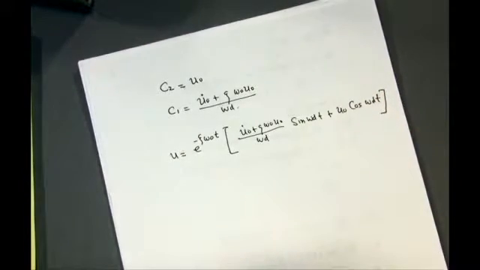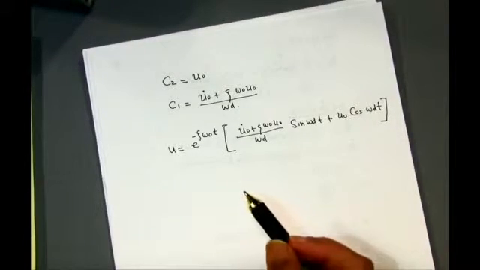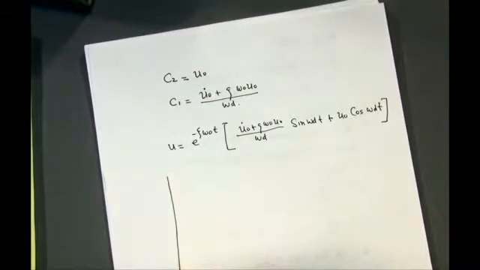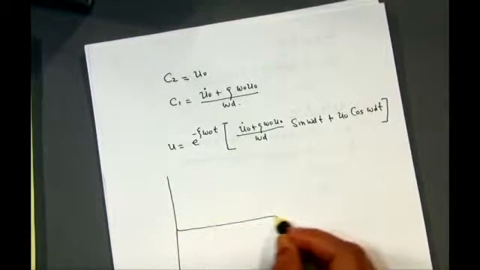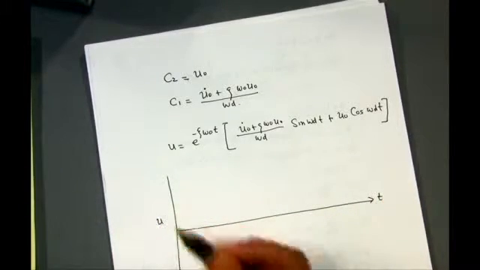So, this is your total response, and when we know the values of omega and omega d, we can plot this response. Let us see what the response would look like. I am plotting time here and displacement here.